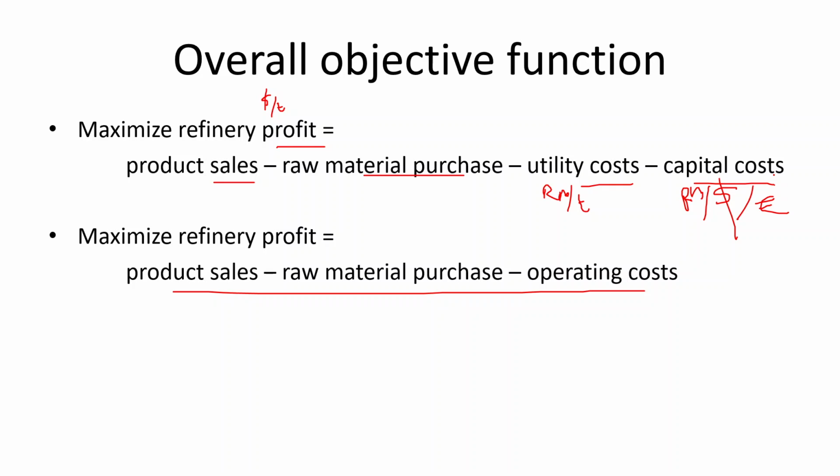So the easiest one being, for example, if you have a 200 million euro plant, you divide that by 20 years. So 200 divided by 20 years is how much? 10, right? So it's 10 million euros per year that you have to pay for the capital cost. So that's very straightforward and easy calculation. And then you can use that in writing your objective function.